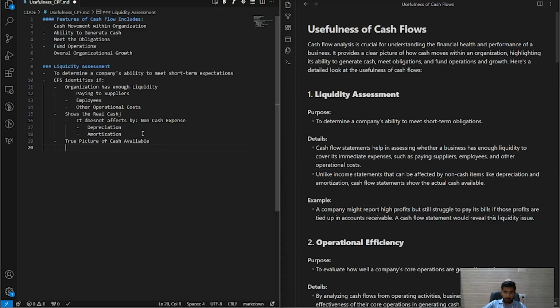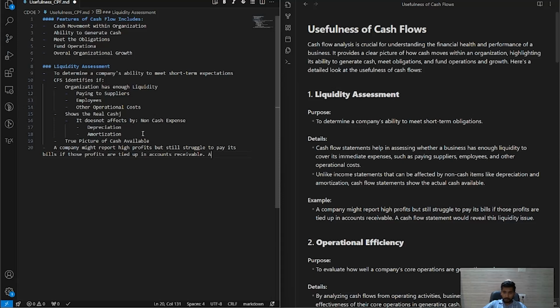Okay. If we talk about an example, a company might report high profits but still struggle to pay its bills if those profits are tied up in accounts receivable.